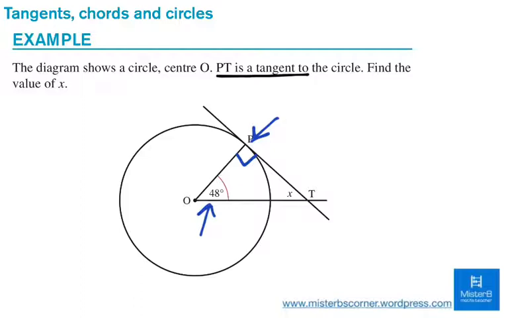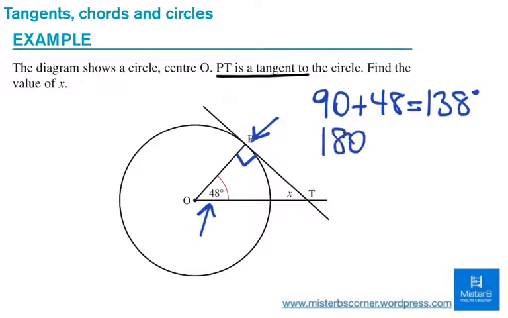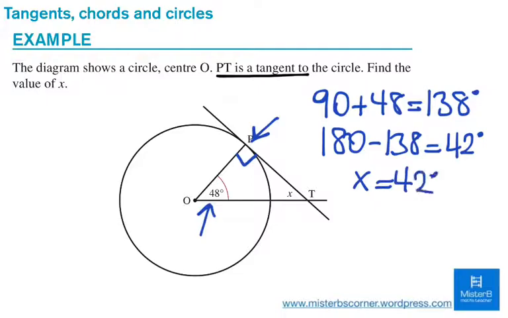So it's going to be 90 plus 48, which makes 138 degrees, and 180 minus 138 will give you 42 degrees. Hence, x equals 42 degrees.